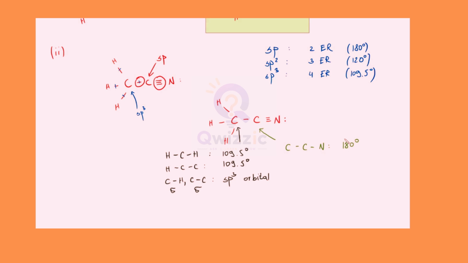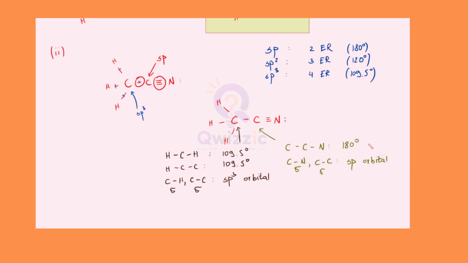Also, we have to recall that only sigma bonds will correspond to sp orbitals. So we are going to state that the CN sigma bond and CC sigma bond will correspond to sp orbitals.